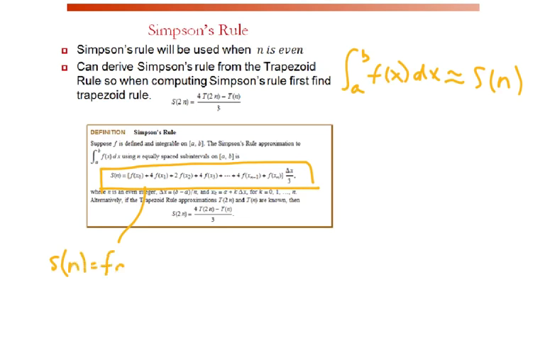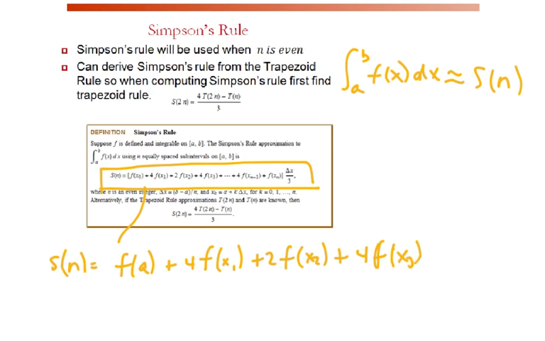This is really f of a for the first point, and then it's 4 f of x1 plus 2 f of x2 plus 4, and you're going to see an alternating between these coefficients. So these coefficients are going to alternate 4, 2, 4, 2, on out. And that entire quantity is going to be multiplied by delta x over 3. So that's the Simpson's rule.